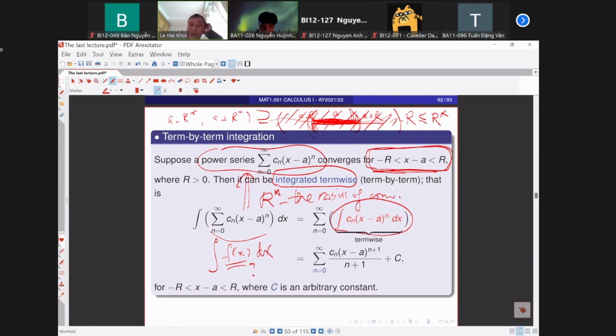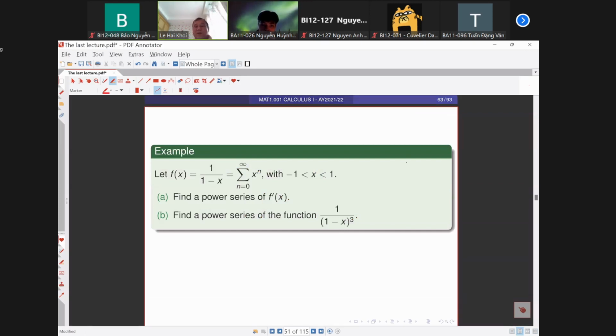That's very interesting. No need to find the sum of the given power series. And this integrated series also converges inside this interval as the original.